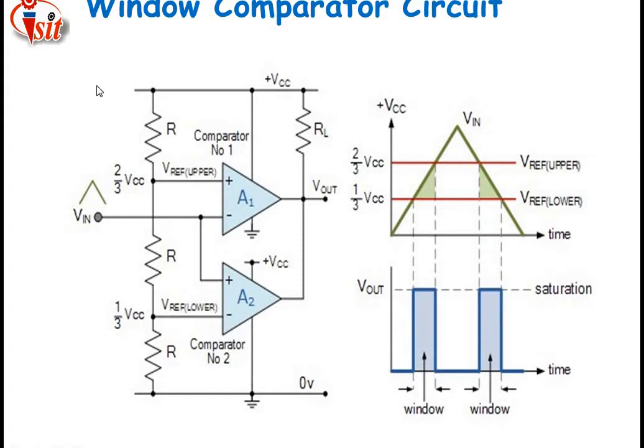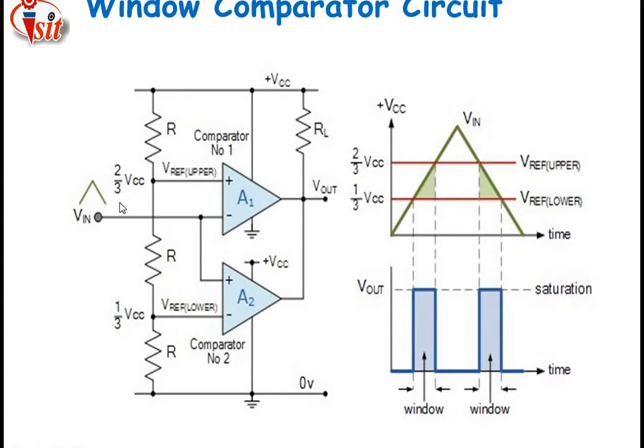For the first comparator, the input signal is applied to the negative terminal of the op-amp, and the reference voltage is connected to the positive terminal of the op-amp. Just see here, 2/3 VCC is connected to the positive terminal of the first op-amp, and 1/3 of VCC is connected to the negative terminal of the op-amp.